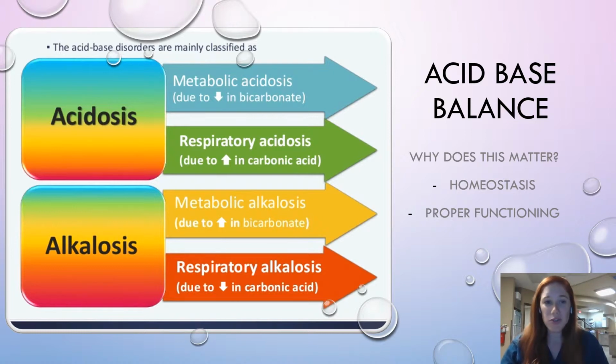Also, overall proper functioning of the body: if you're able to filter, if you're able to keep a neutral body system, then all of the other organs are going to function on a cellular level more efficiently. We're all about being efficient and making sure that any disease process does not hinder the overall body functioning. Okay, so let's get started.